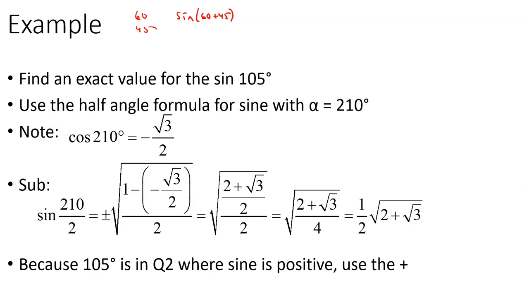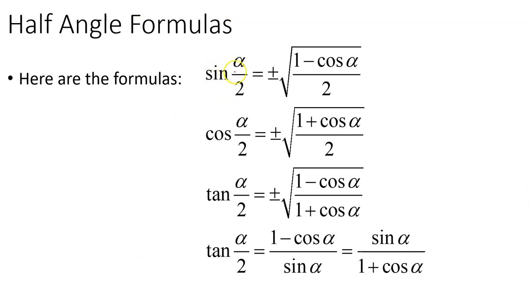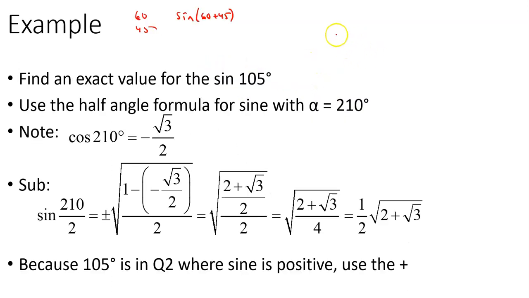So my formula that I'm going to use for the sine of 105 is what? The sine of alpha over 2 is the square root of 1 minus cosine alpha all over 2. So the cosine of 210 is negative square root of 3 over 2.